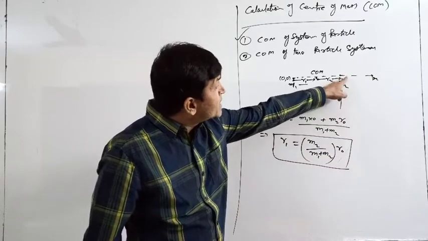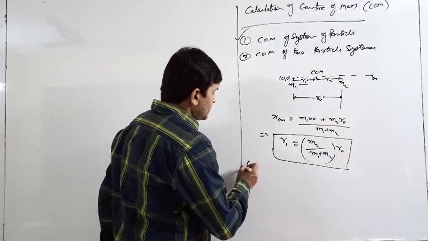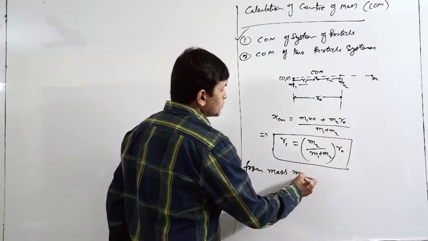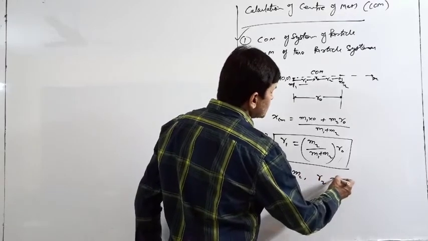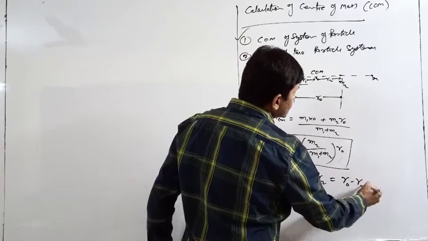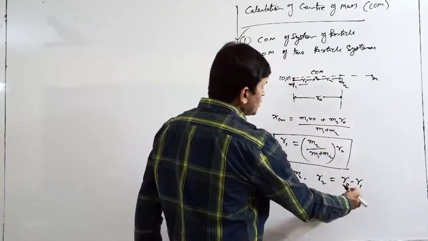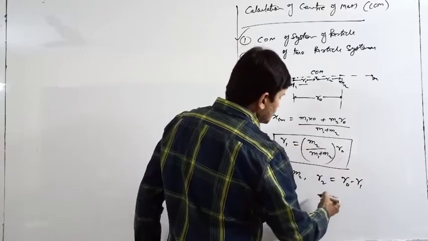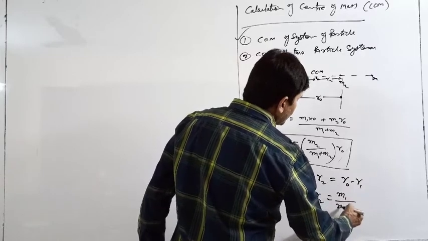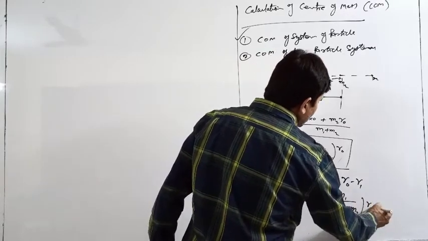And from mass M2, how much distance? From mass M2 the distance is R2, and R2 is nothing but R0 minus R1. Substitute the value of R1 from here, and you will get R2 is equal to M1 by M1 plus M2 into R0.